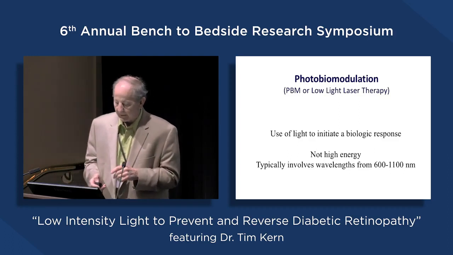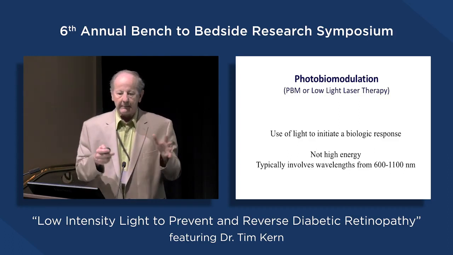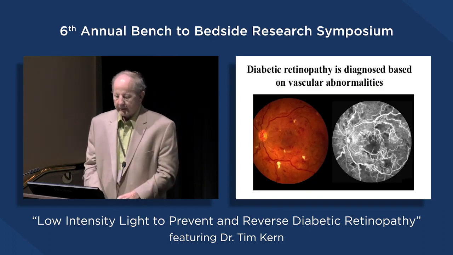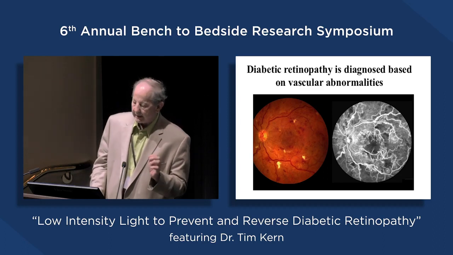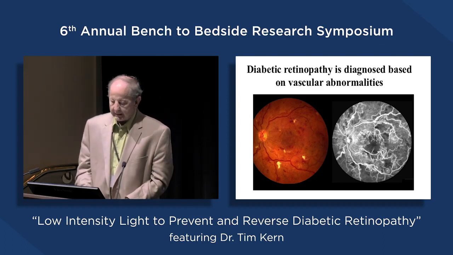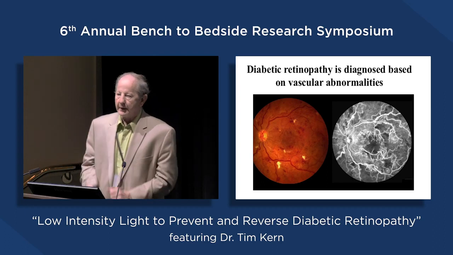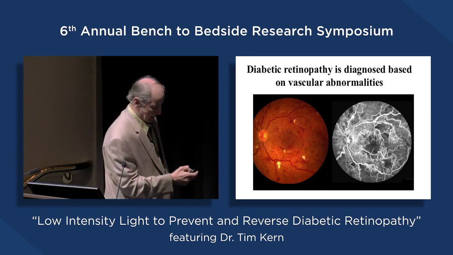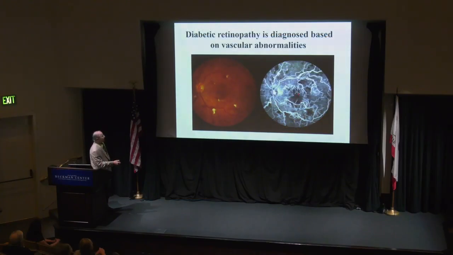But it is now being picked up by lots of other branches of medicine, so I'm going to talk about it in the context of diabetic retinopathy. Diabetic retinopathy is currently diagnosed and regarded as a vascular disease. You inject a fluorescent dye into the bloodstream, and you can see hot spots, which are leaky blood vessels or new blood vessels growing.